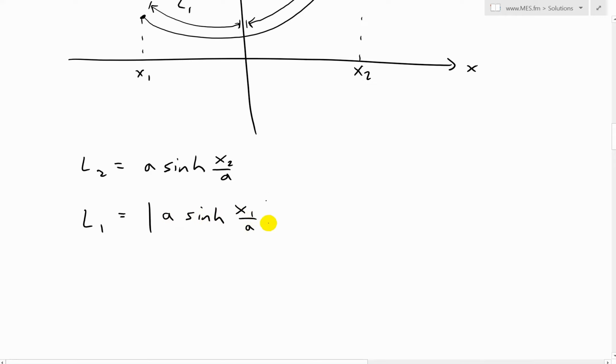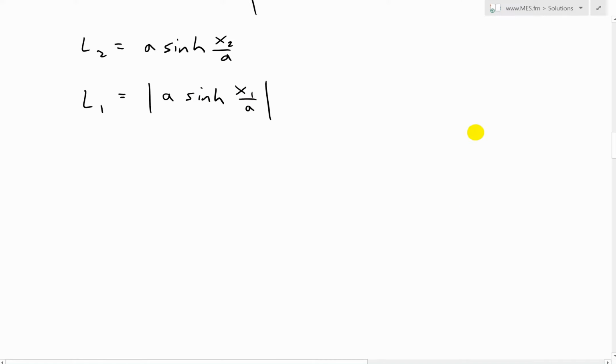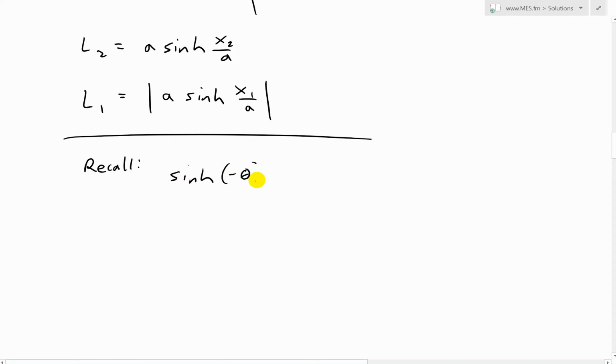x1 over a. And the reason we put absolute value is because sinh of a negative is going to be negative. So recall that sinh of a negative variable, negative theta for example, using the definition of hyperbolic sine, is equal to e to the power of negative theta, minus e to the power of positive theta, over 2.